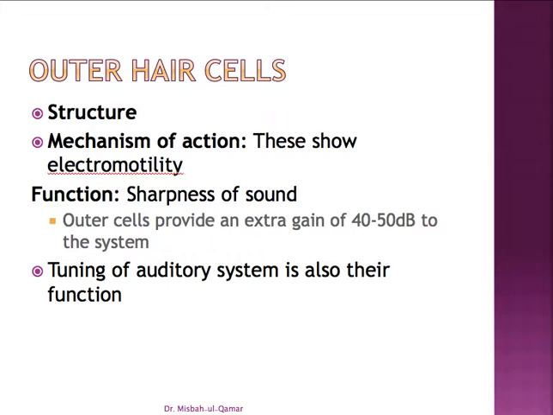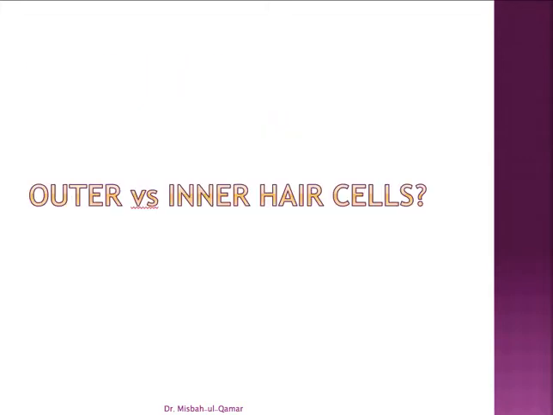Right? So, on the basis of all the data given about the inner and the outer hair cells, now you have to draw a column of differences between the outer and the inner hair cells.